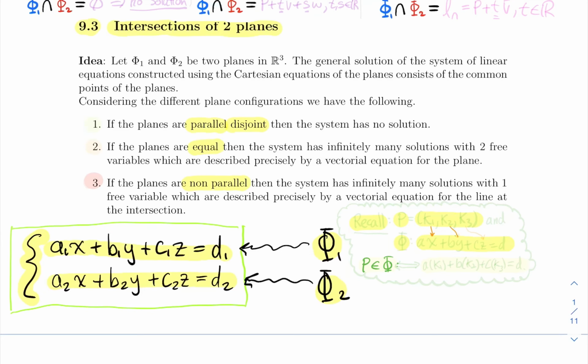You replace the y variable by the y coordinate k2, and then you replace the z variable by the z coordinate k3. And if you have equality, then P is inside phi.